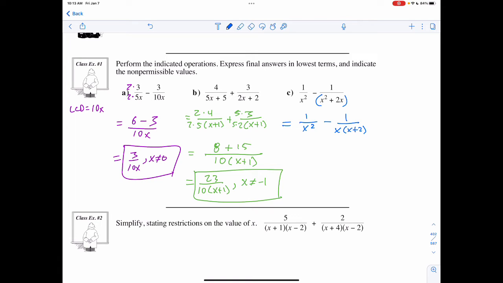Now in this case, there is a common factor of a singular x in both cases, but we can see that this one actually has 2 x's, and this one has an x plus 2 that's not the same, which means that in order to make them match, I have to multiply this one by another x, and this one by x plus 2.